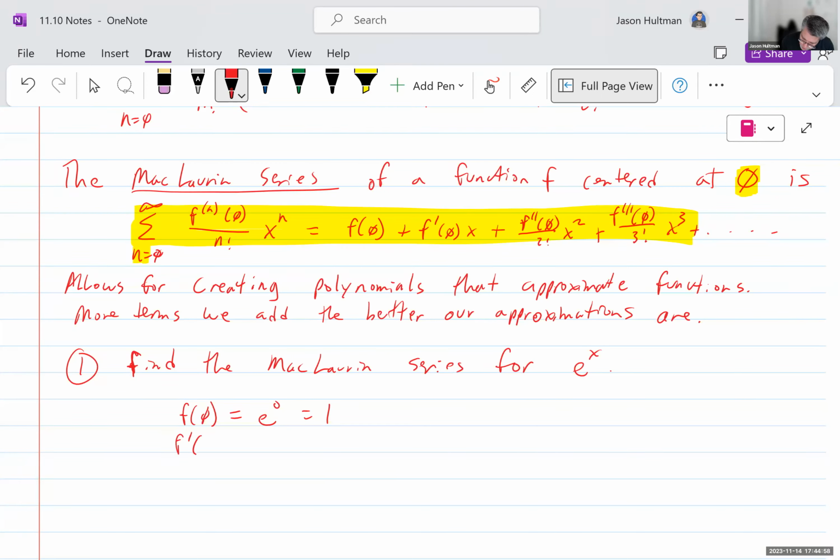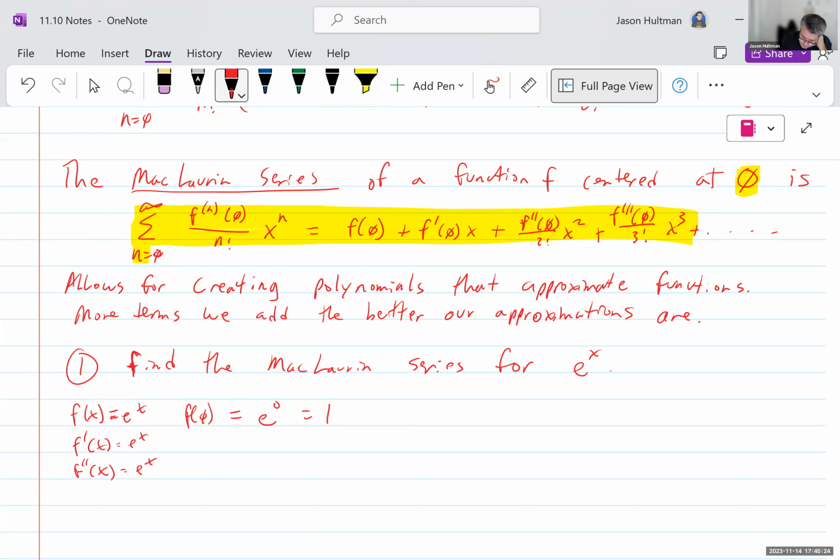f prime of 0. Well, what's f prime of x? Maybe I should set it up like this. Let's go over here to f of x equals e to the x. There we go. Now f prime of x is e to the x. f double prime of x is e to the x.